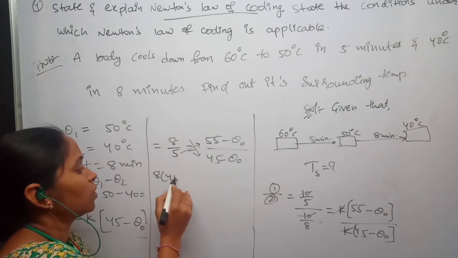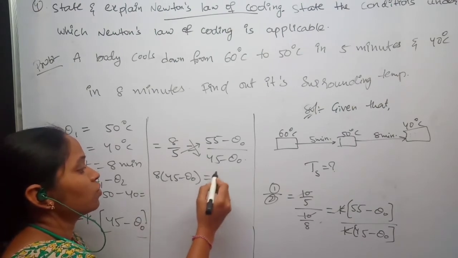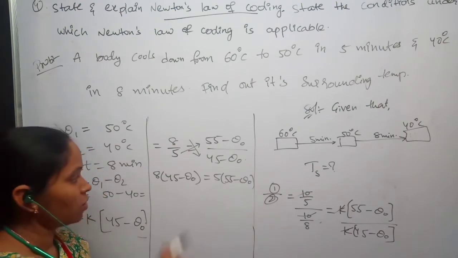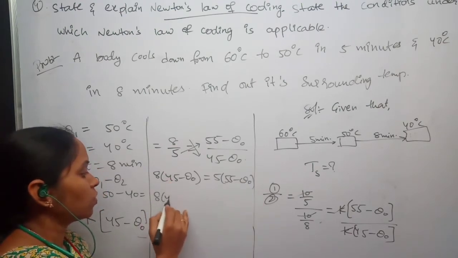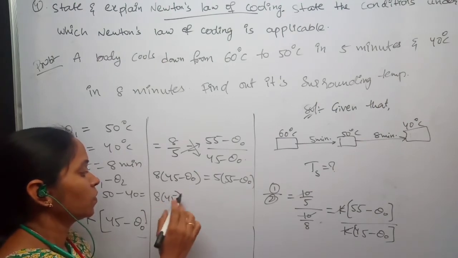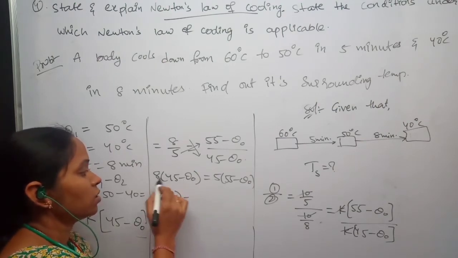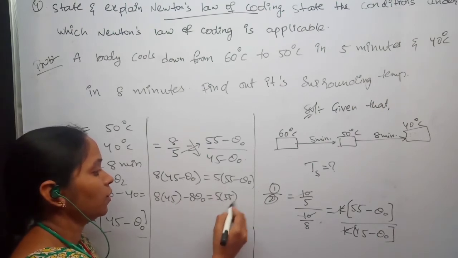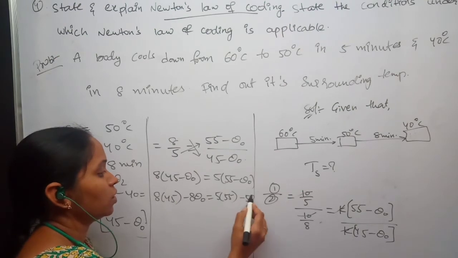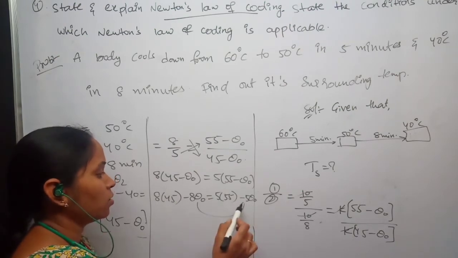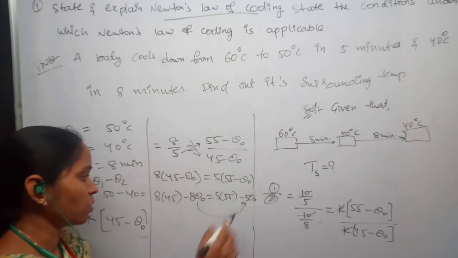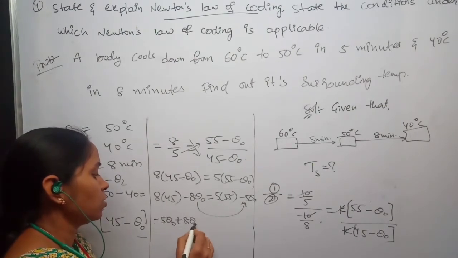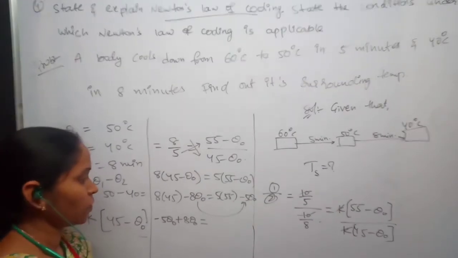8 into 45 minus theta naught is equal to 5 into 55 minus theta naught. 8 into 45 minus 8 theta naught equals 5 into 55 minus 5 theta naught. I am bringing theta terms to one side. Minus 5 theta naught plus 8 theta naught is equal to 5 into 55 minus 8 into 45, so 3 theta naught equals that.